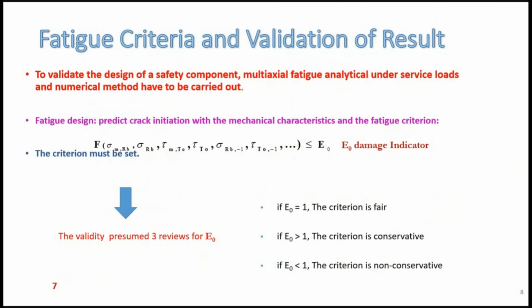The criterion must be validated, presumed through three reviews for A0. If A0 equals 1, the criterion is fitted. If A0 is superior to 1, the criterion is conservative.